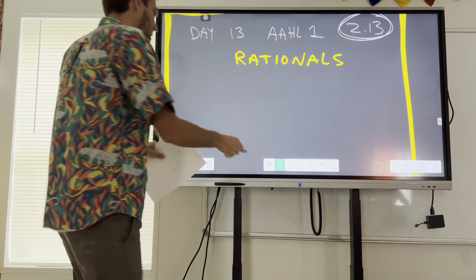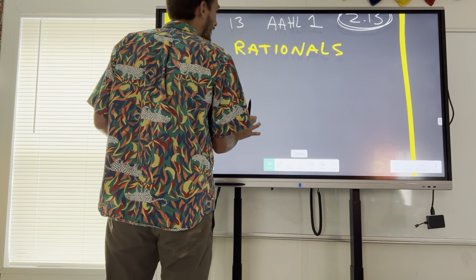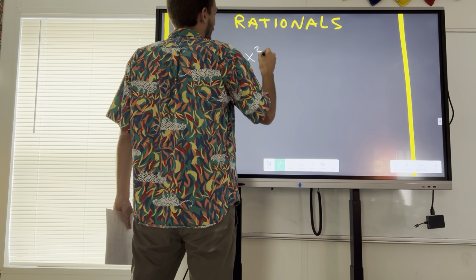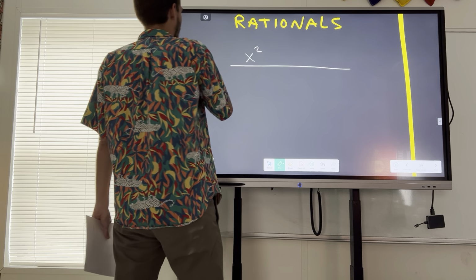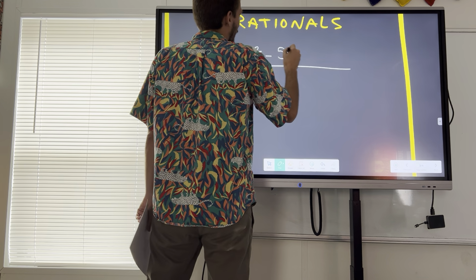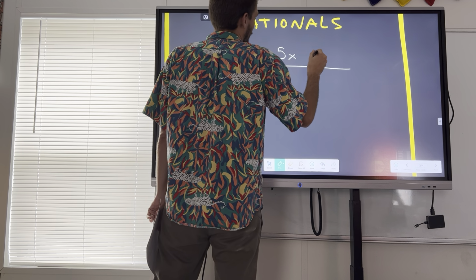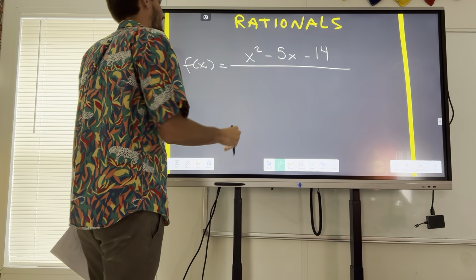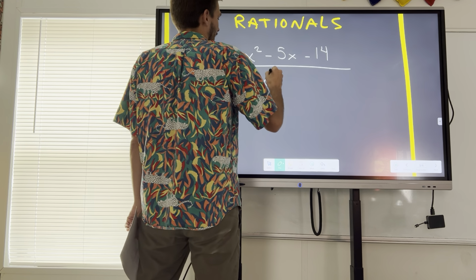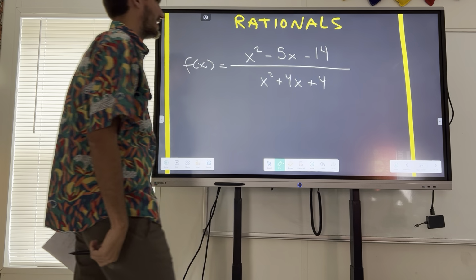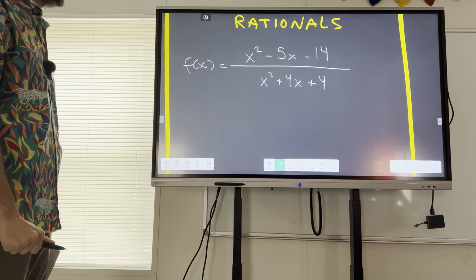So your function might look something like, let's make a big fraction, let's give a nice f of x here: x squared minus 5x minus 14 over x squared plus 4x plus 4. That's a nice rational function.